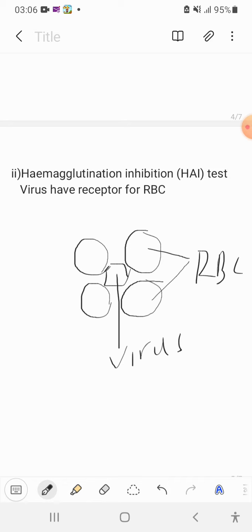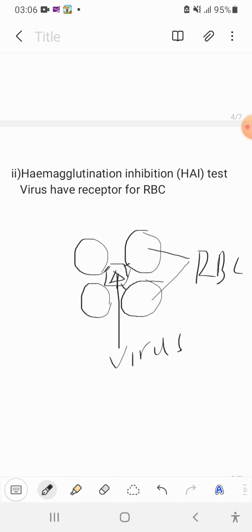So that is called agglutination or hemagglutination of the red blood cells by a virus. It is not an antigen-antibody reaction, but the virus has receptors for the red blood cells.